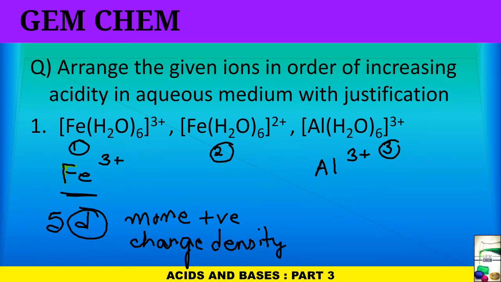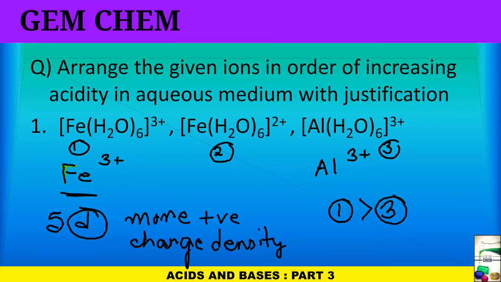So in the case of iron 3+, the effective nuclear charge is much greater. Thus the greater positive charge density of the metal center leads to a greater extent of removal of proton from the coordinated water, as we have seen in the previous slide. So we can say that 1 has more acidity than 3.